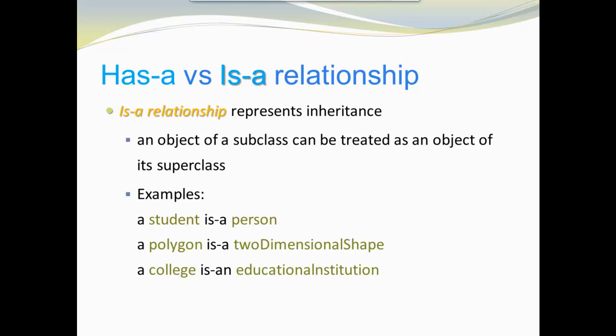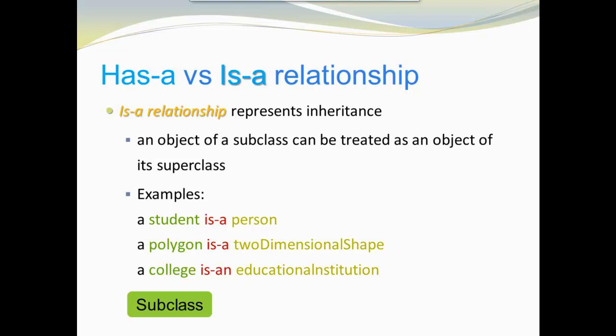If I need 3 persons, I could use a student to be one of those persons because a student is a person. It can be treated as a member of the superclass person. A polygon is a two-dimensional shape. A college is an educational institution. Once again, lots of is-a relationships.